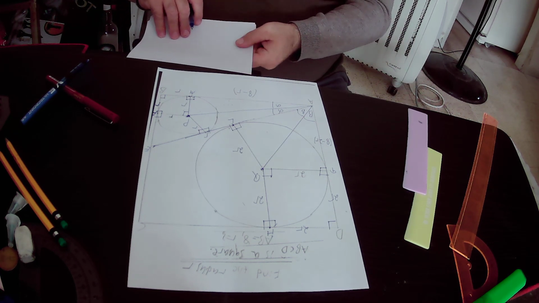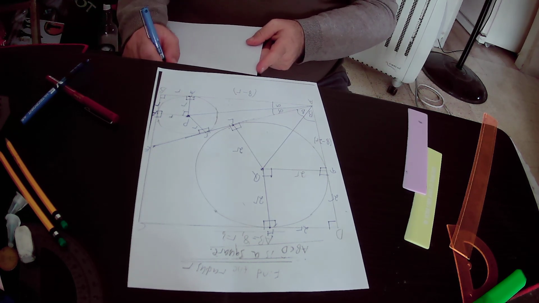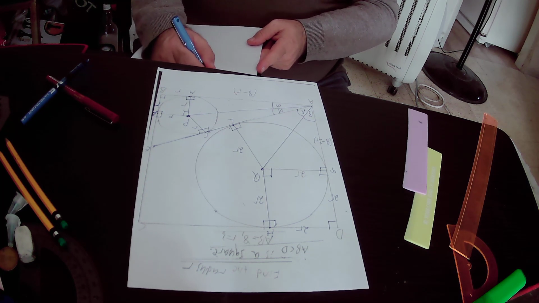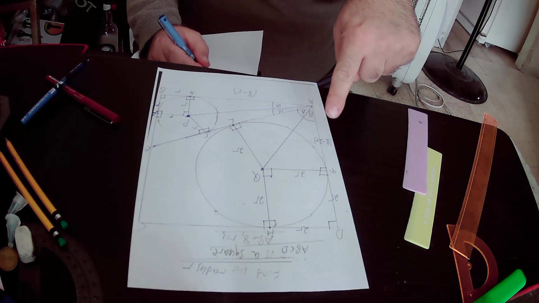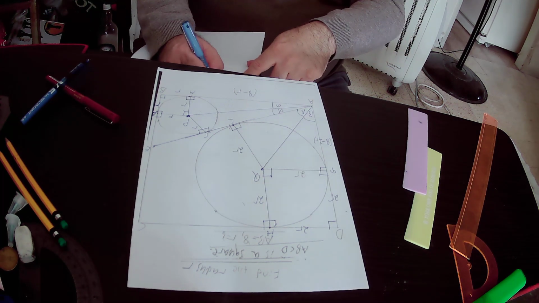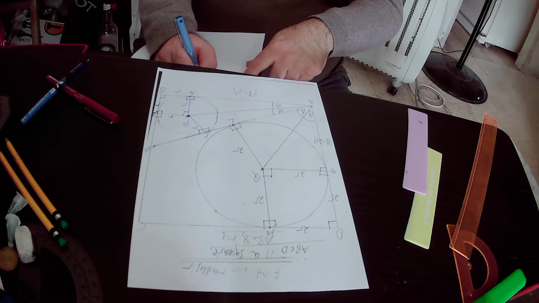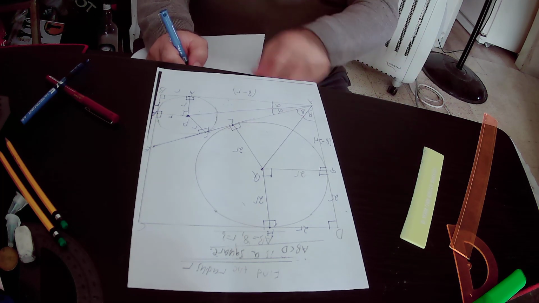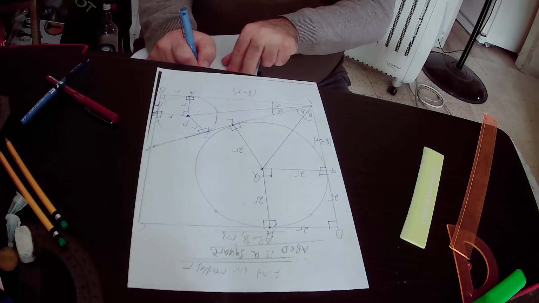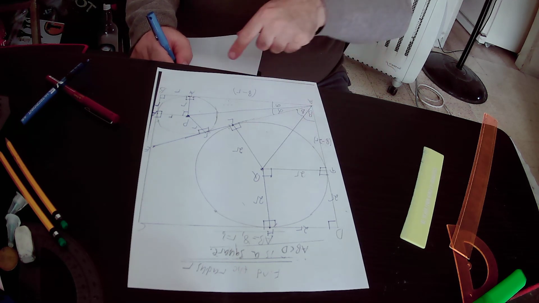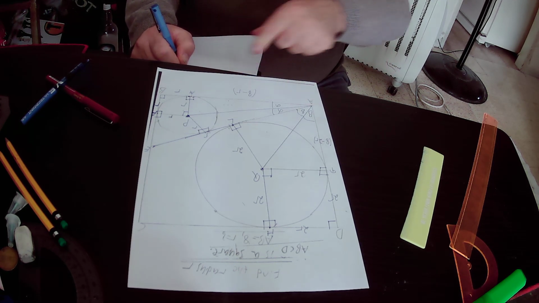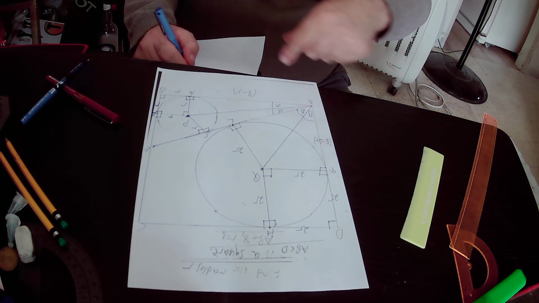So if we focus on the right triangle GQA, tangent beta will be equal to GQ over AG.